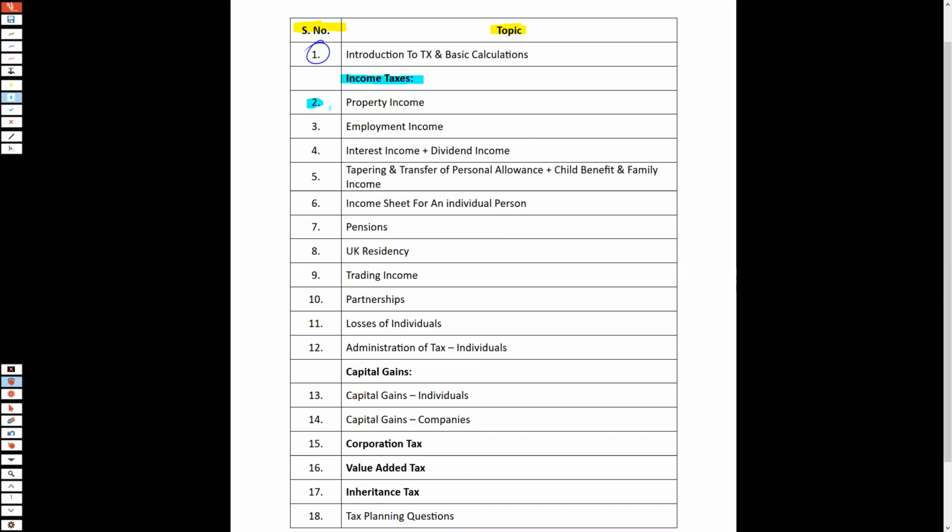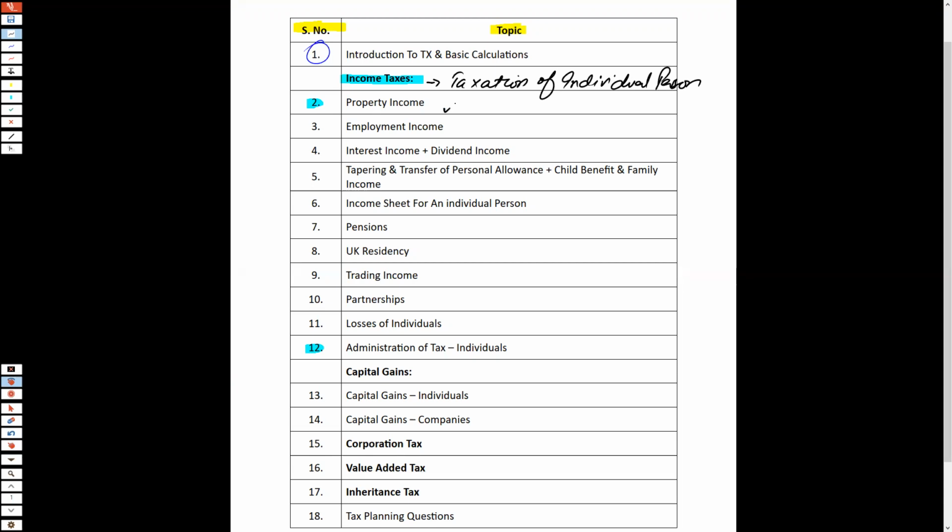From serial number 2 till serial number 12, all of these pertain to income taxes. Income taxes means the taxation of an individual person. If you and I are paying taxes, when an individual person pays tax, that is termed as income tax.